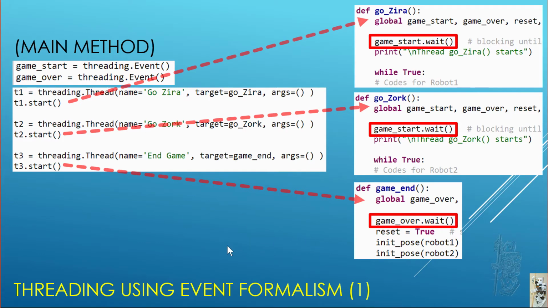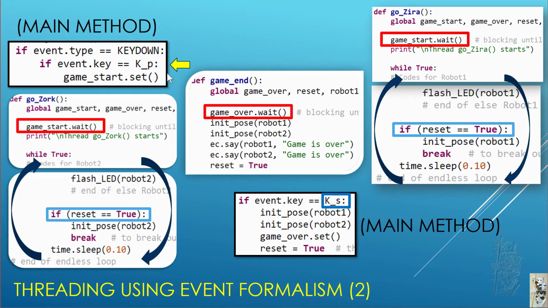At the beginning, it waits for the user to press the P key on the keyboard. Then game start is set, which triggers the process of running all the threads, especially go 0 and go zork. So game start gets set, and they unblock.